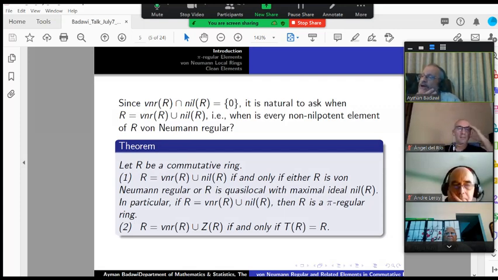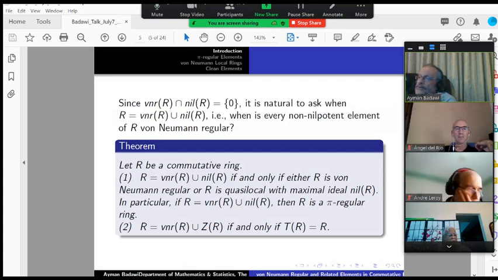And we have an answer to this question. So my ring will be just the union of two sets. Each element in the ring will be either von Neumann regular or nilpotent. And here is the result.